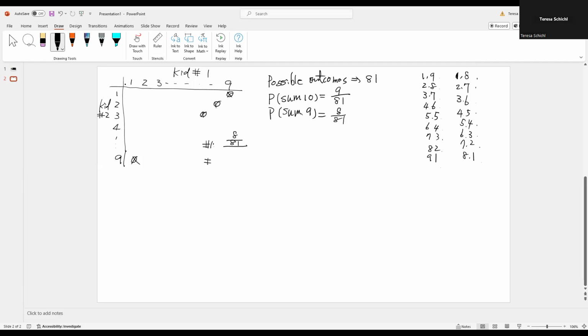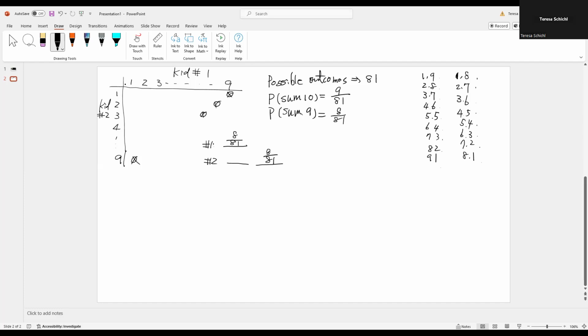How about if on the first try you did not get a 9, and did not get a 10, because I want the 9 before the 10. So then I get a 9 the second time. Getting a 9 is 8 out of 81, and getting a 10 is 9 out of 81.